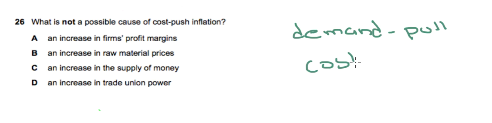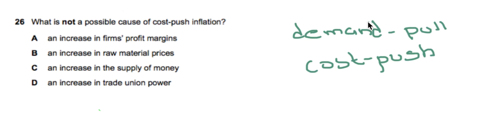Cost push inflation means that prices are rising because of the increase in the prices as sold by the producers. So anything which is a component of or a part of the final price which is decided by the producer is an element of cost push inflation.